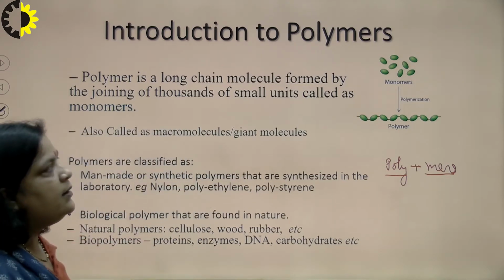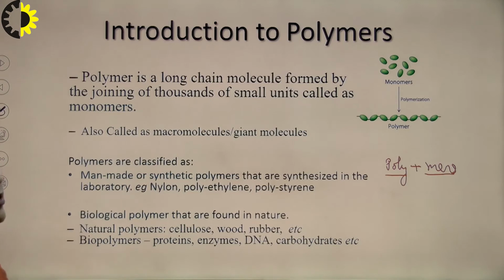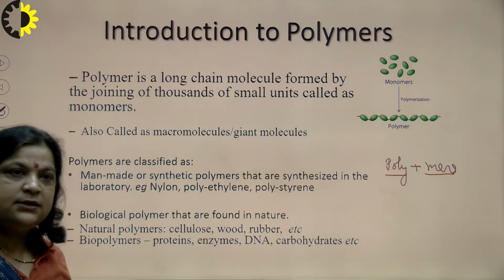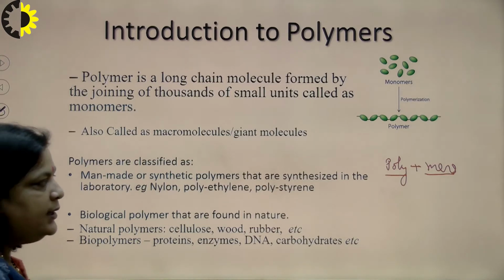So a polymer is a long chain molecule formed by the joining of thousands of small units. For example, polythene.